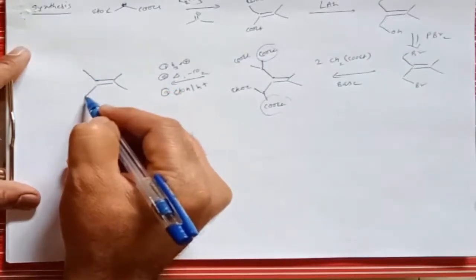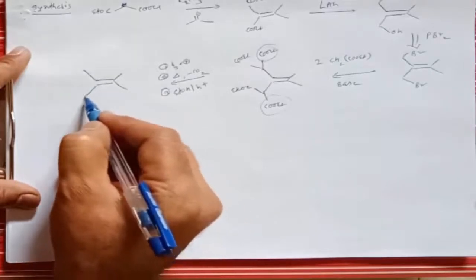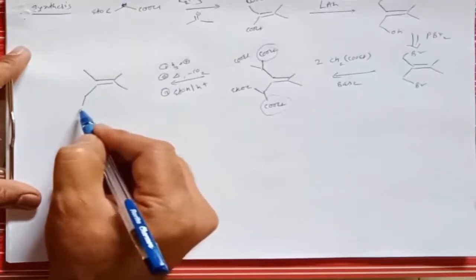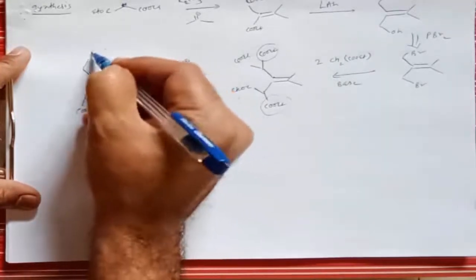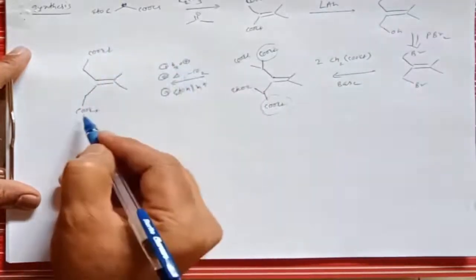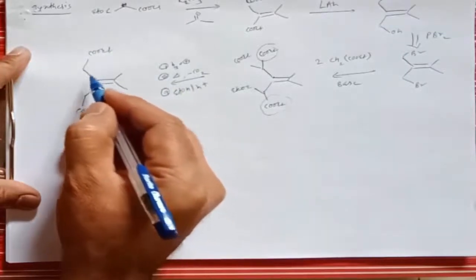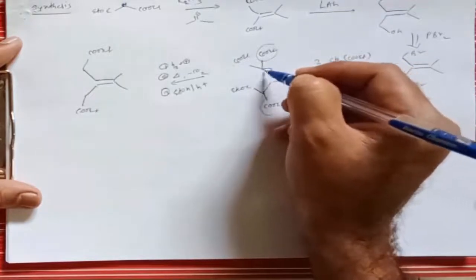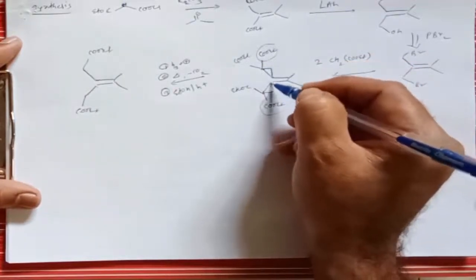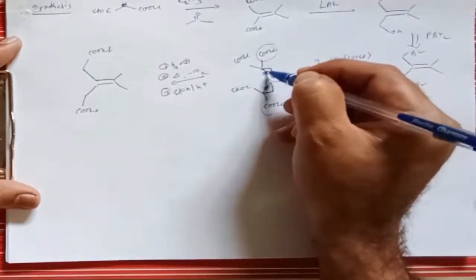Then it will form this CH2 and here is COOEt, here is again COOEt. 1 2 3 4 5. So here such a type of molecule is formed, right?